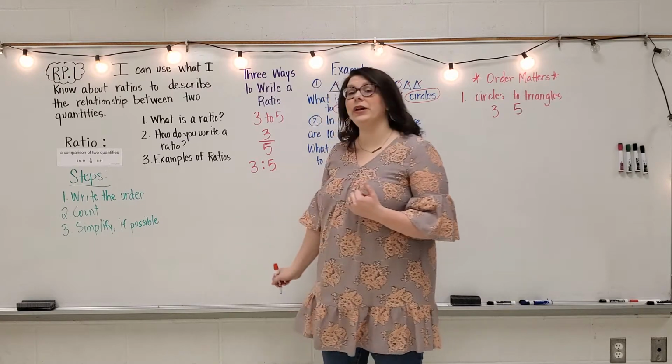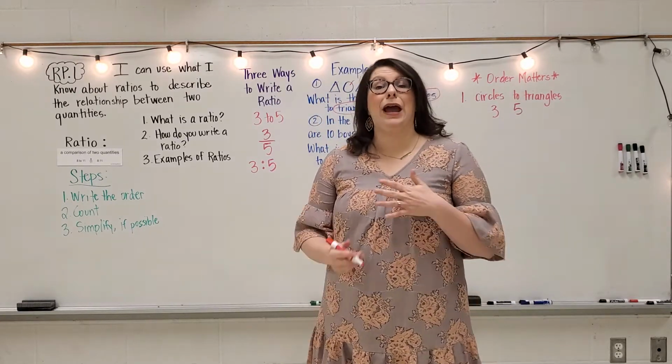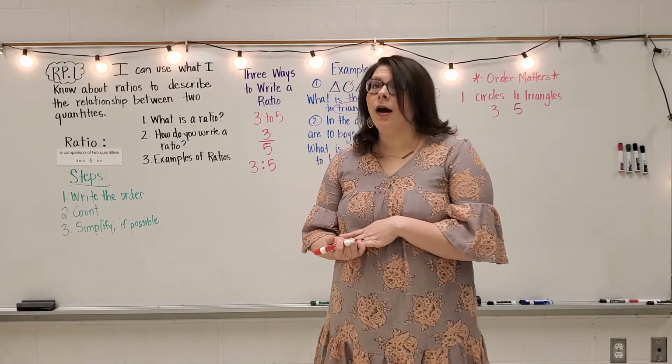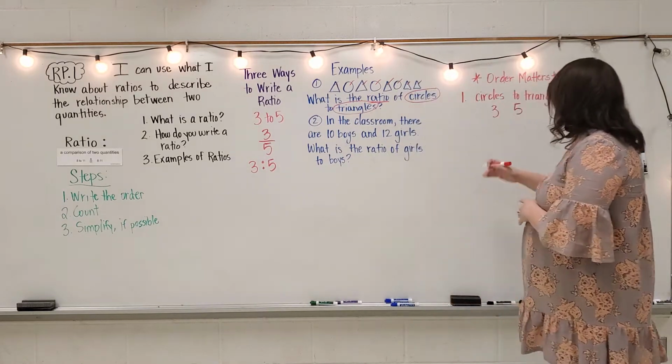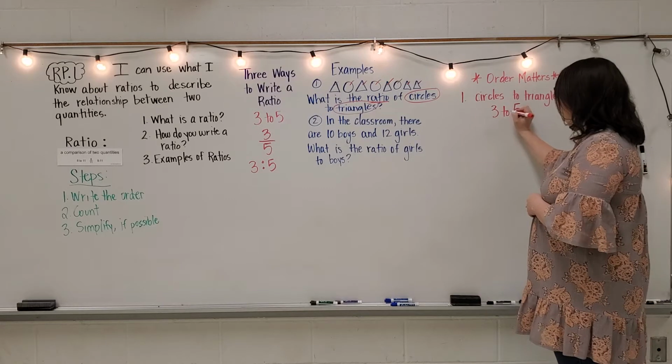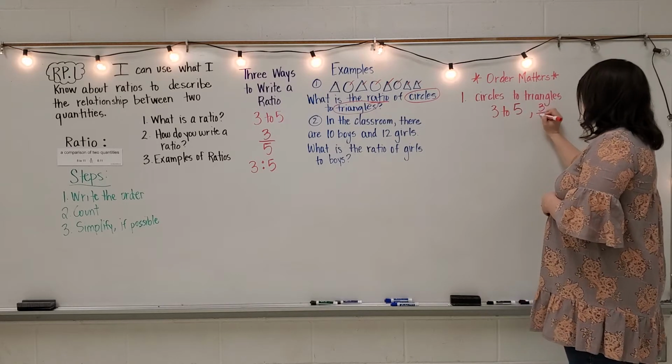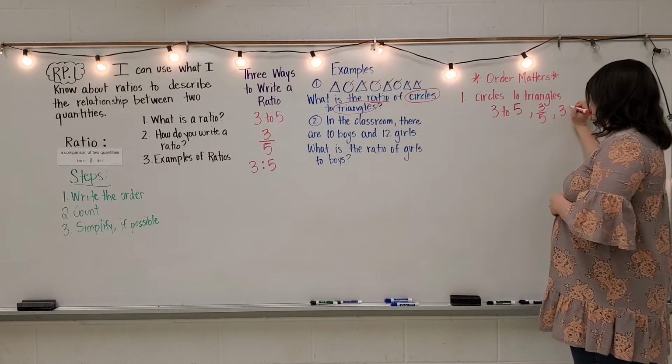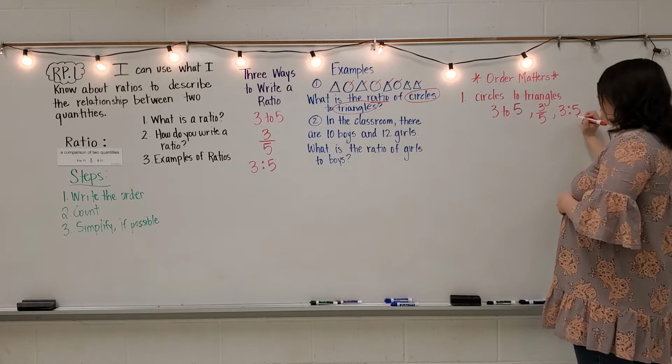These are our 3 ways to write a ratio. They all mean the same thing. So when I am comparing my circles to triangles, I can write this in all 3 ways because they all mean the same thing.